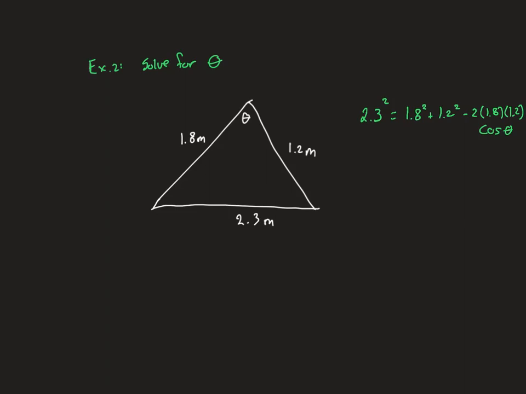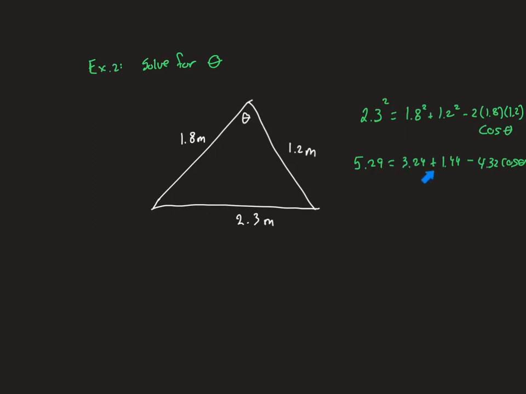So what I would first do actually is do the squareds. So 2.3 squared is going to give me 5.29. I'm actually going to do 3.24, yep, plus 1.44 minus, well, 2 times 1.8 times 1.2 is going to give me 4.32 cosine of theta.